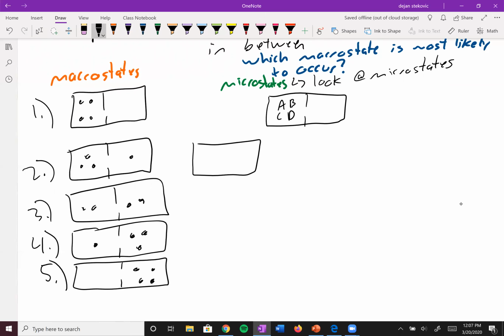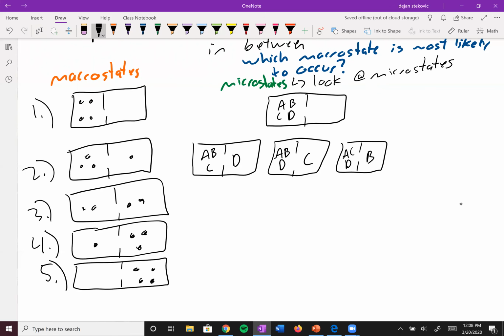If we take a look at the next macro state, we have 3 on the left, 1 on the right. Well, there's a number of different combinations you can do to achieve that. So for example, maybe it's particle D that is on the right while the other 3 are on the left. Or maybe it's particle C that's on the right. Or maybe it's particle B that's on the right.